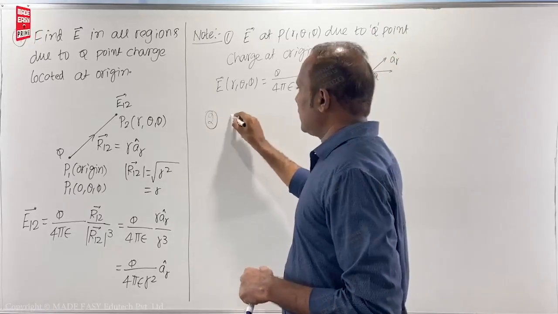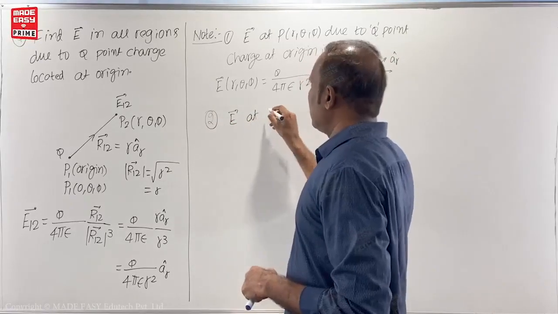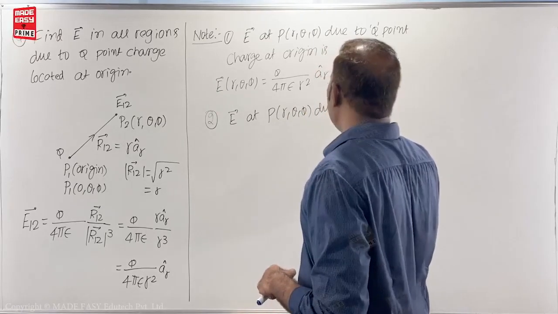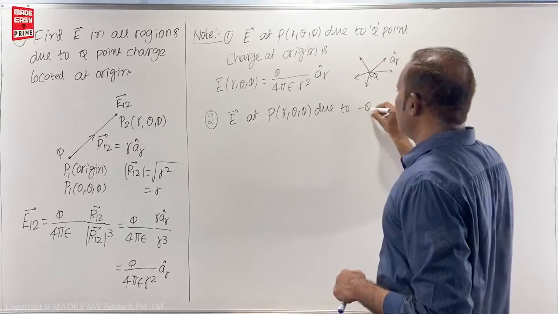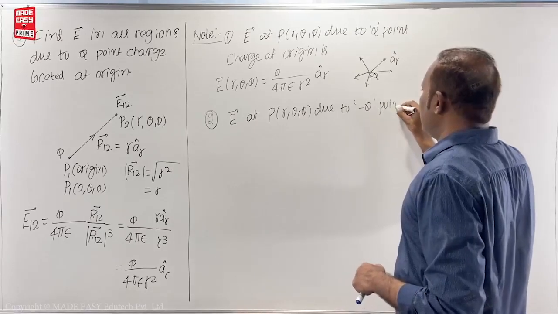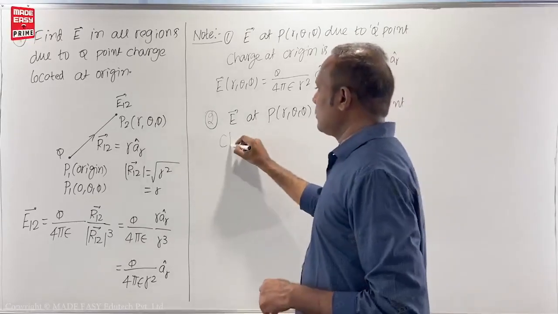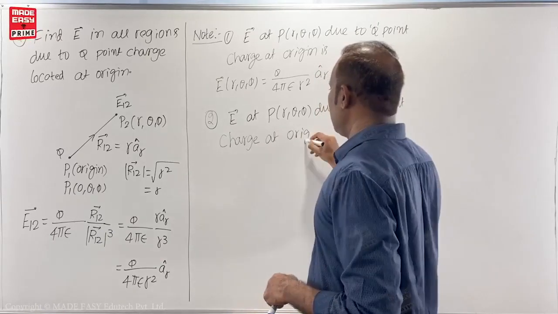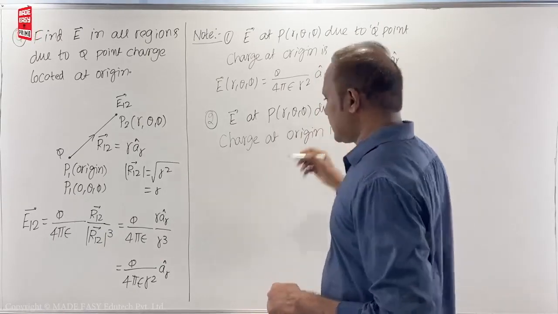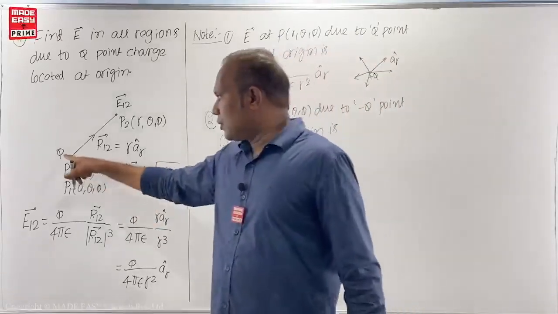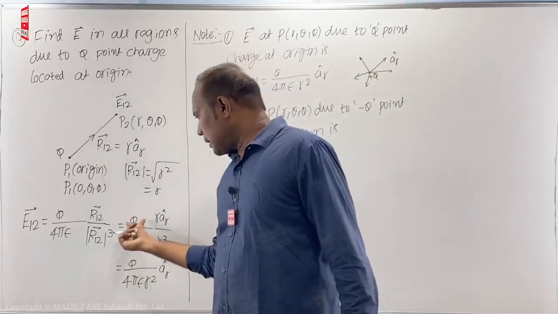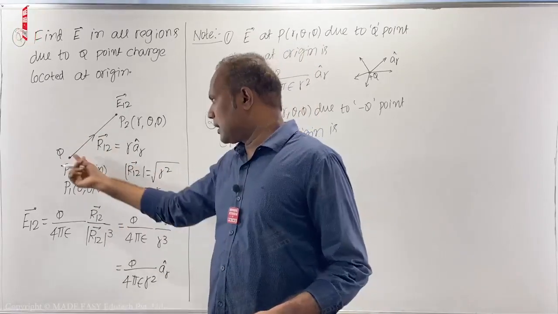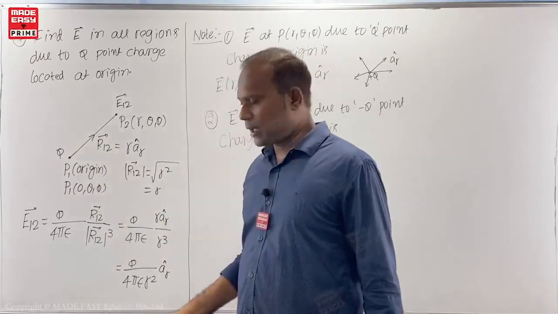Similarly, what is the E bar at P(r, theta, phi) due to minus Q point charge at origin? If you put minus Q here, if there is plus Q, here plus Q, if there is minus Q, here also minus Q is there.